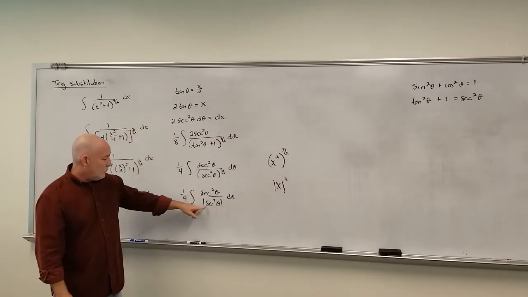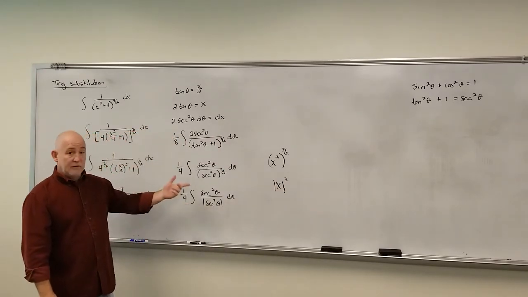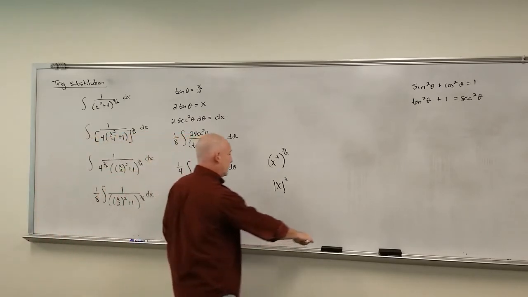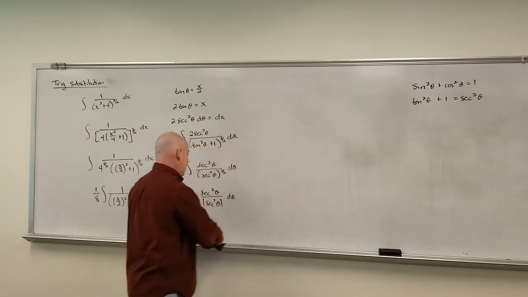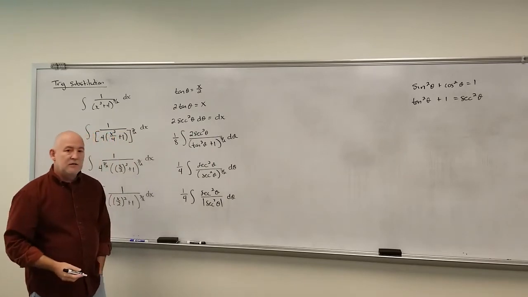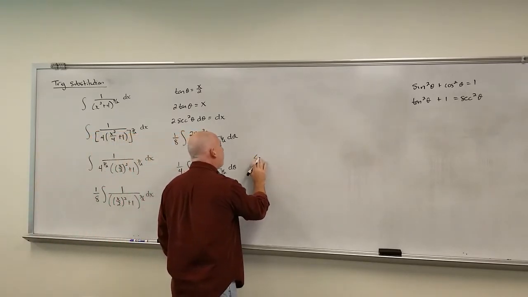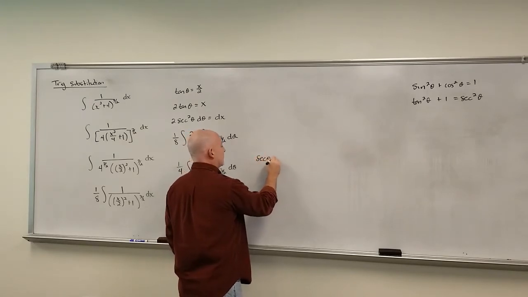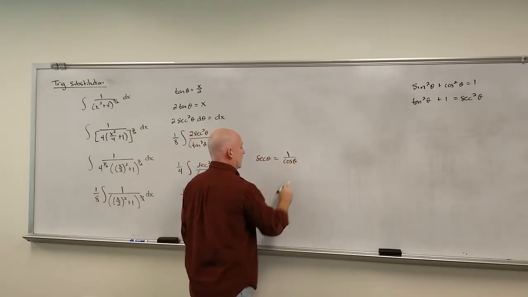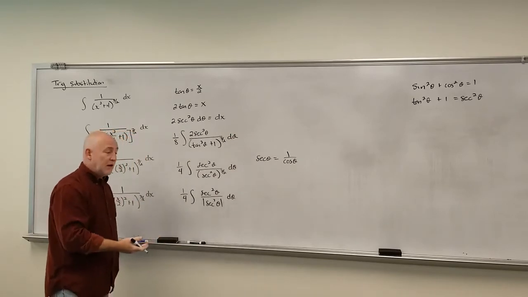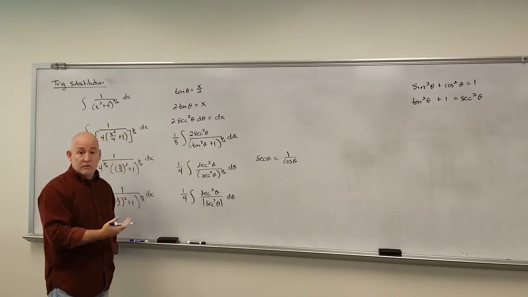Okay, so I want to get rid of these absolute values because that makes my life a lot easier as far as integration goes. So to get rid of these, where would secant be positive? Well, the secant of theta is really just 1 over the cosine of theta. So secant's positive anywhere that cosine's positive.